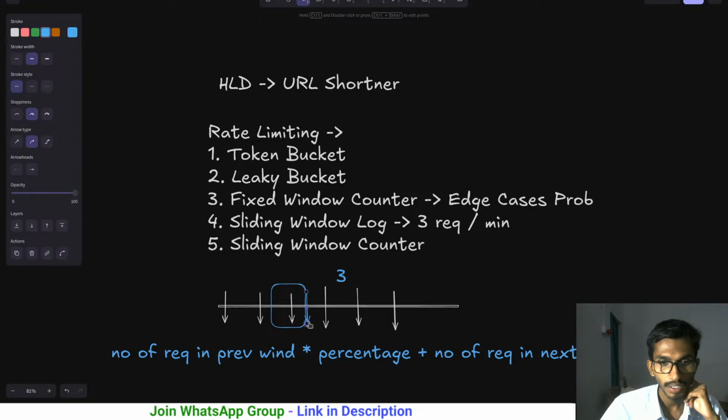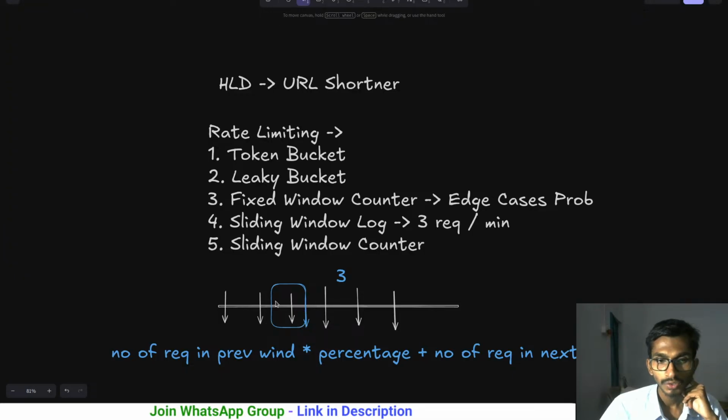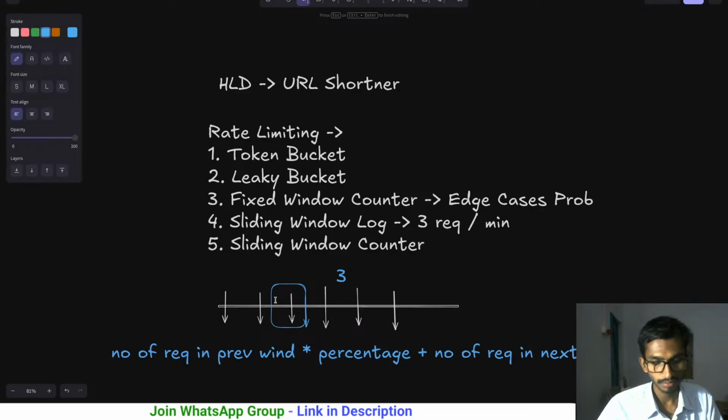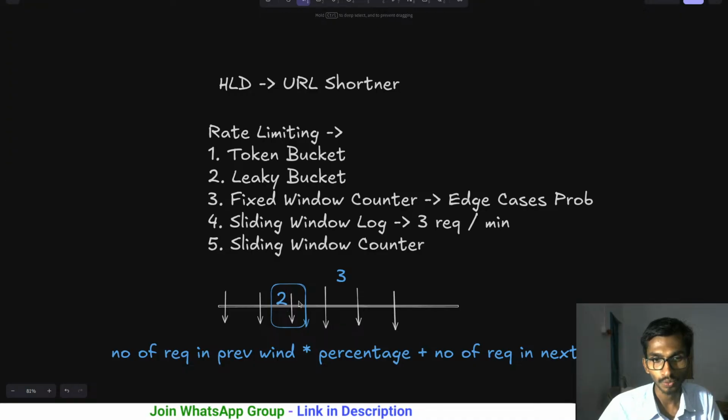Okay, suppose it was something like this, and I actually got the request somewhere here. I got the request at this particular point in time, and when I looked back, suppose there were 2 requests here and 1 request over here.